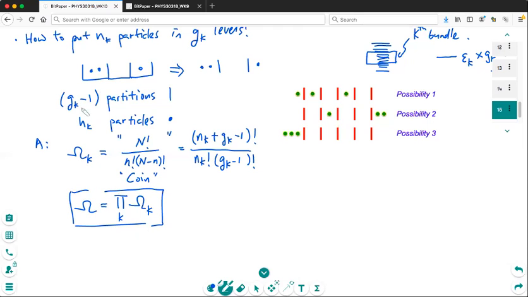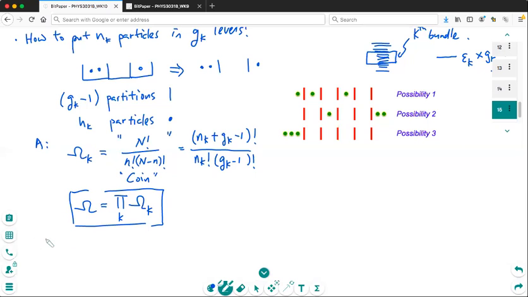Okay, at this moment, I did not say much about the relative size of NK and GK. I just introduced the bundle. I can even have more particles than boxes. I can have 5, 6, 7 particles, but only 3 boxes. There's no restriction on NK and GK. But now I want to begin to make approximation. So be careful.